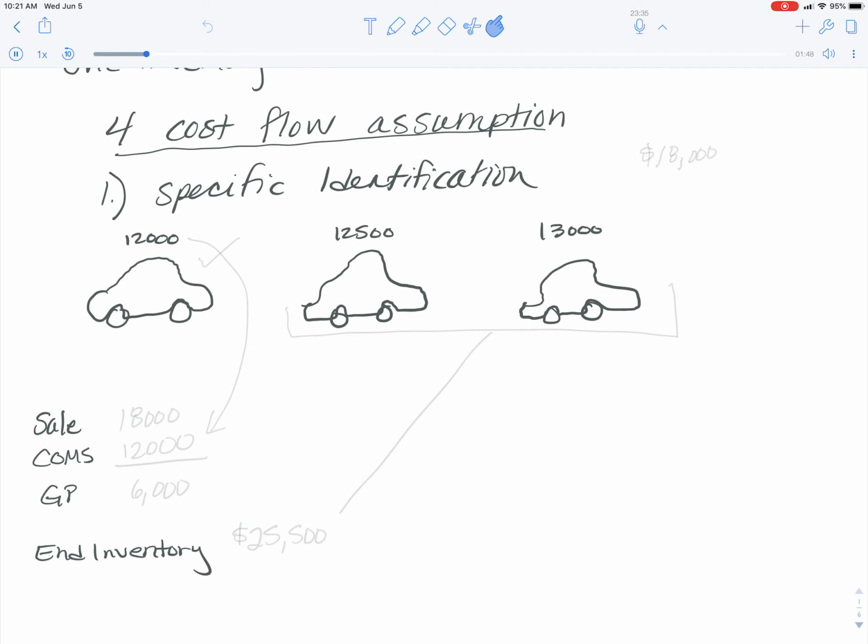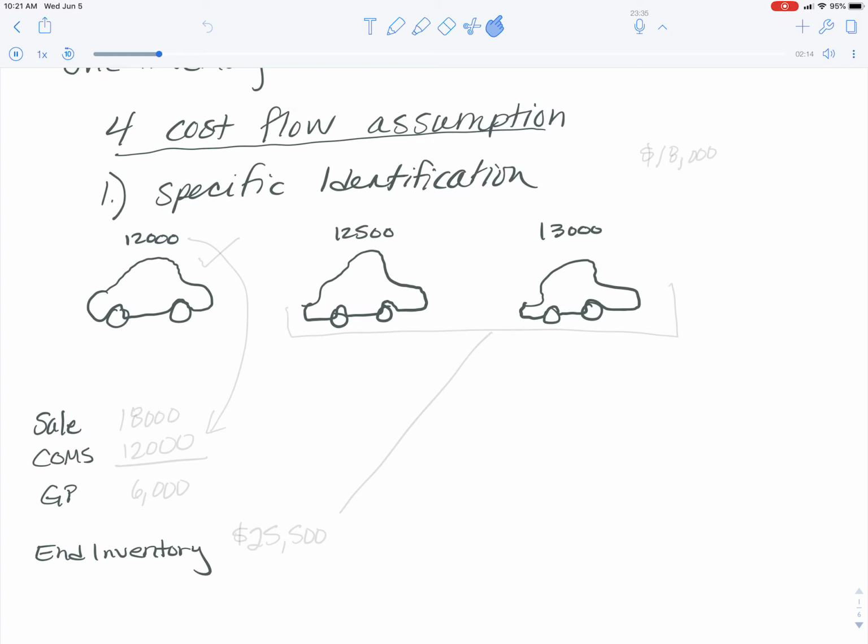This is most commonly used at car dealerships because each car has a VIN number, so it can be specifically identified. Each car costs a different amount, and we will not just take any old car off of the balance sheet. We're going to take the exact car that was sold off the balance sheet.